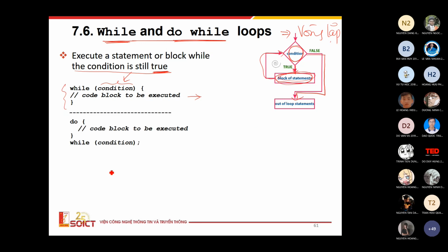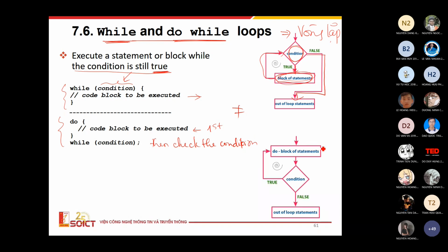For the do while, you do the same, but you will do the code block first, and then you check the condition. This is the difference between these two statements. You do the code block firstly, and then you check the condition.